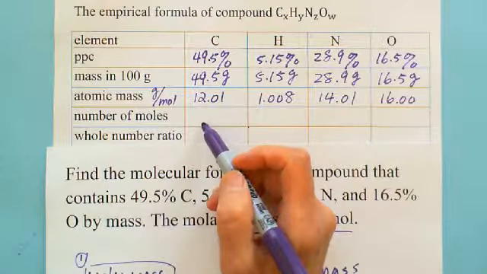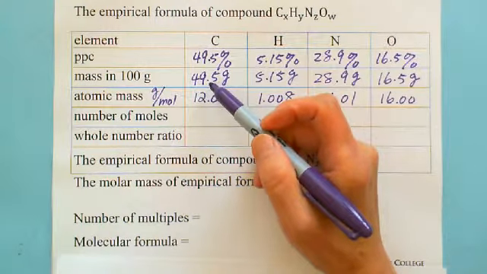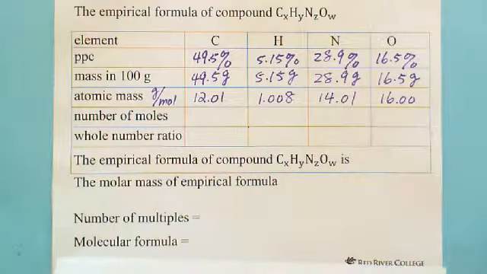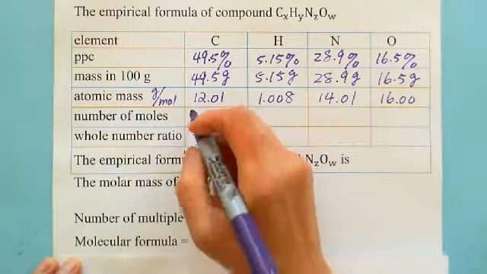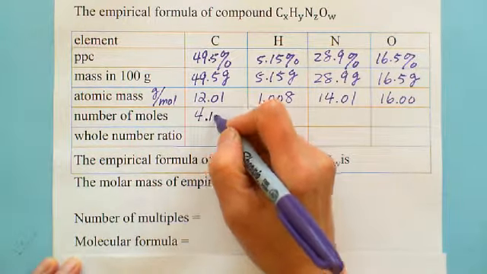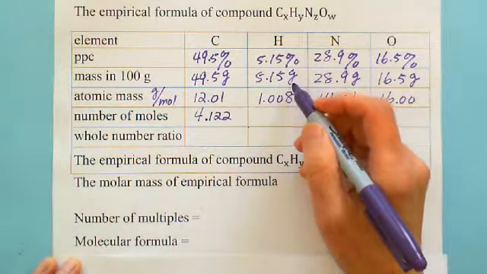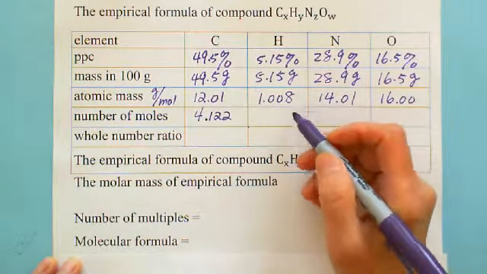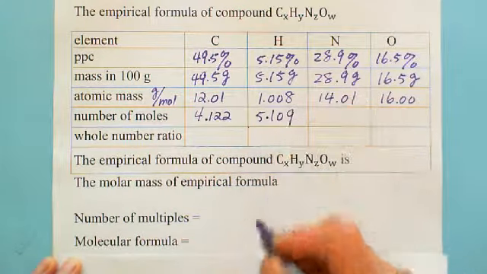And after we find this, we can get the number of moles. You need to divide the mass in 100 grams by the molar mass. So 49.5 grams divided by 12.01, we get 4.122. We still keep 4 sig figs. And 5.15 divided by 1.008, we get 5.109.